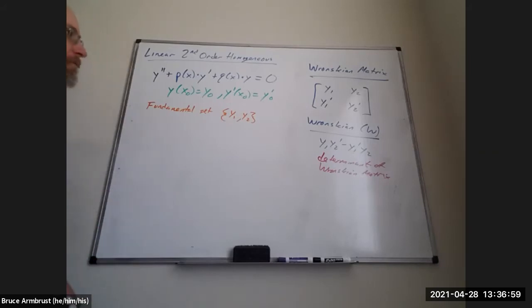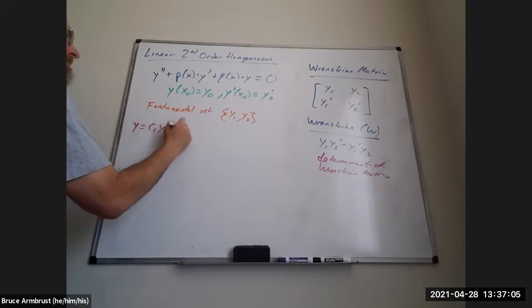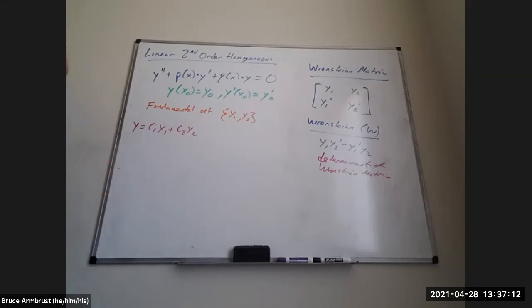We already just saw that when you've got a fundamental set, your solutions can be written as linear combinations of them. So we'll call those y is c1 y1 plus c2 y2, which of course means the derivative is c1 y1 prime plus c2 y2 prime. I have a quick question for you. Sure. When it means fundamental set, it means they're linearly independent functions.